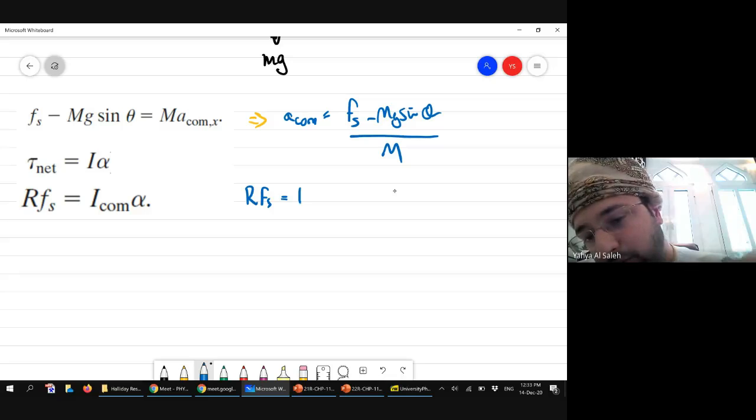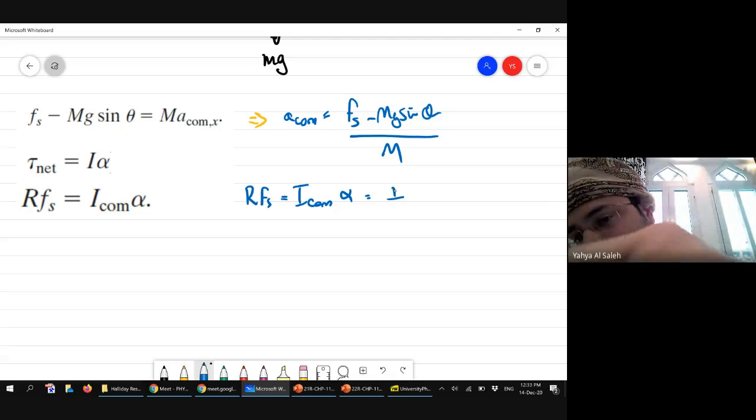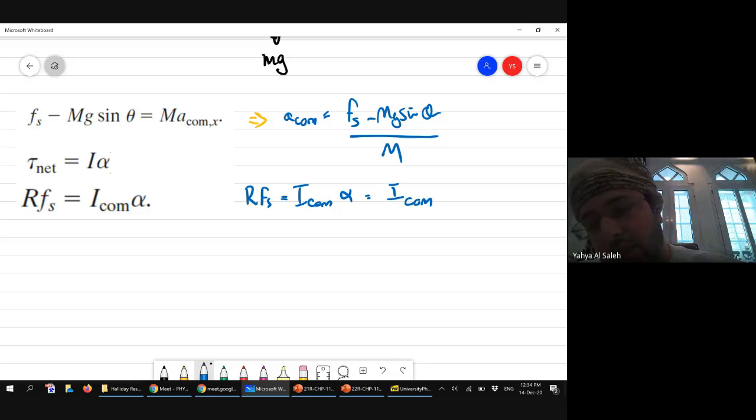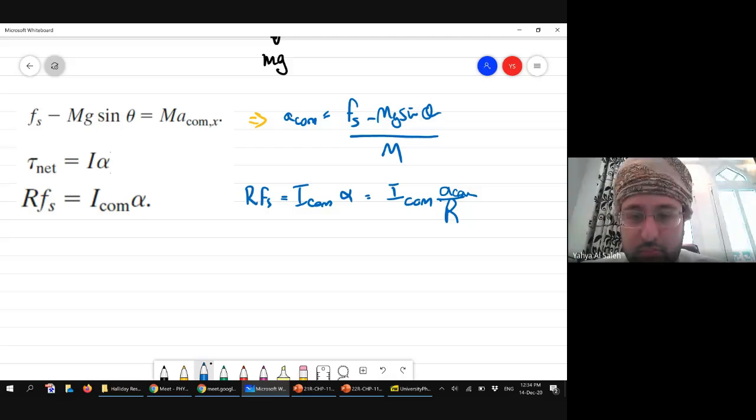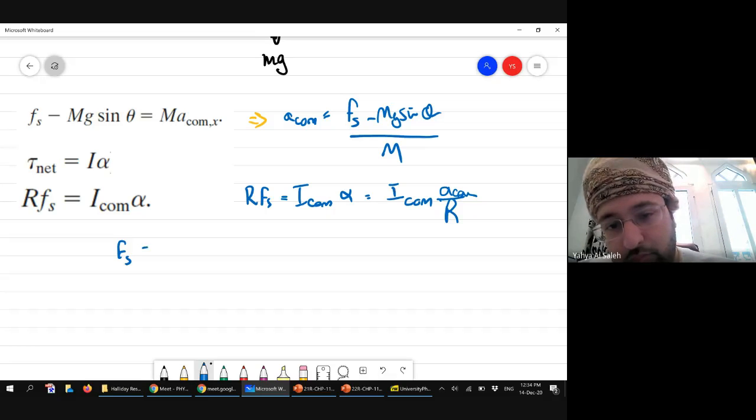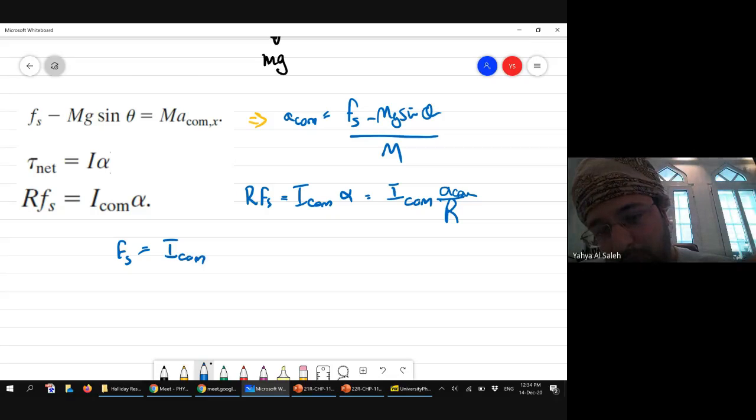R Fs equals ICOM alpha, which is the same as ICOM ACOM over R. I will keep Fs alone. It will be ICOM ACOM over R squared.